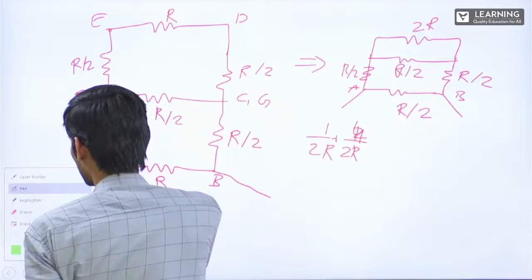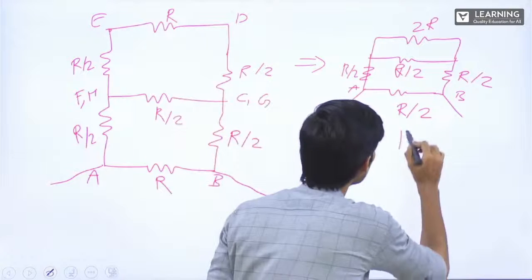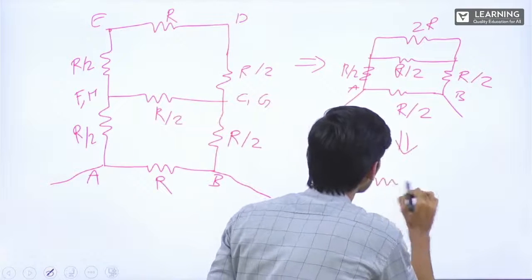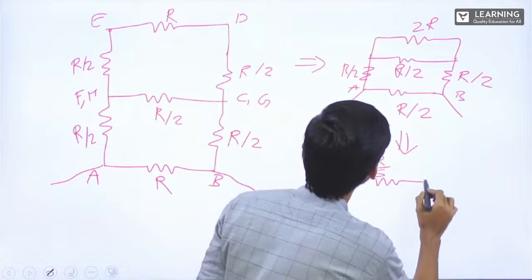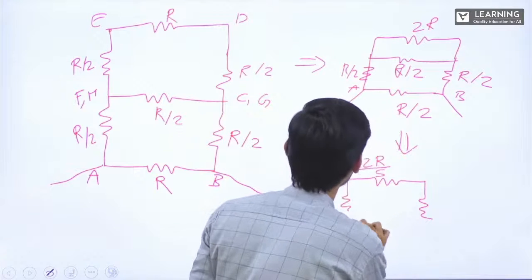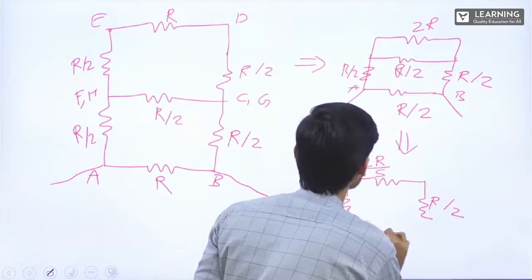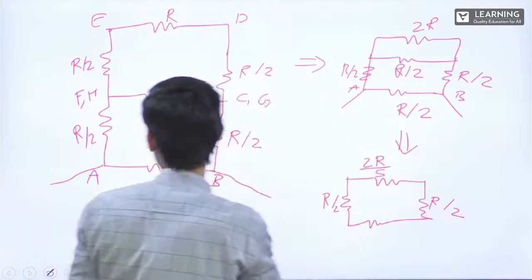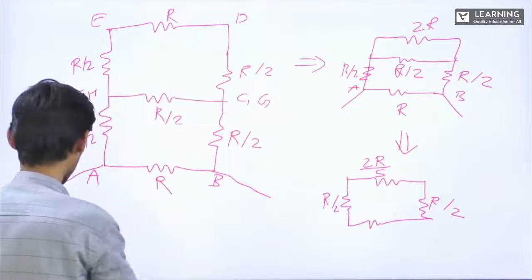Just do all these calculations on your own. Okay, so from here what I'll get is 2R by 5, and here R by 2, R by 2, and this is R. Don't forget, this is R across AB. Fine.